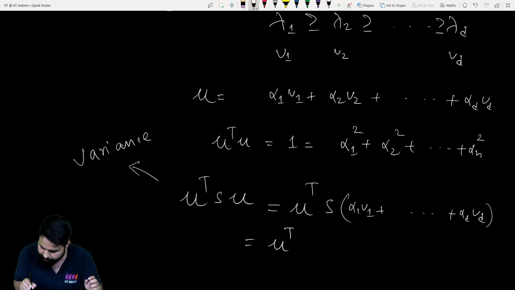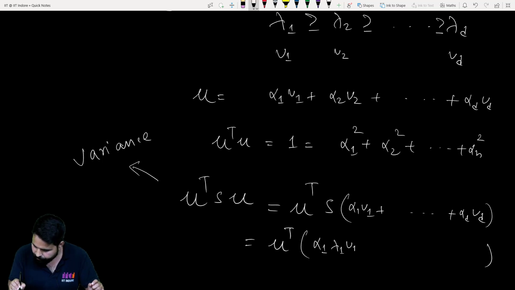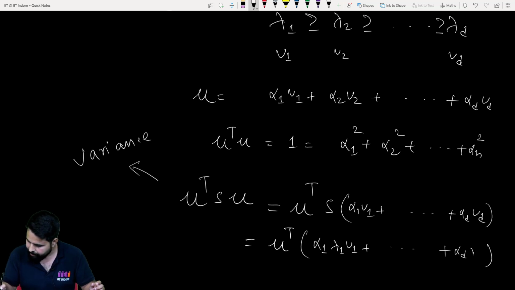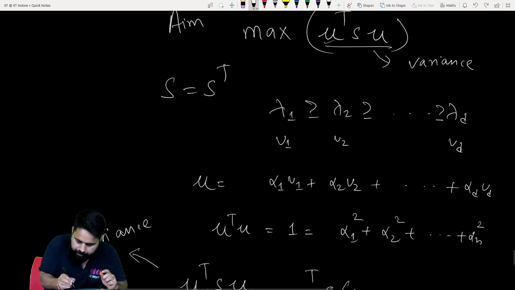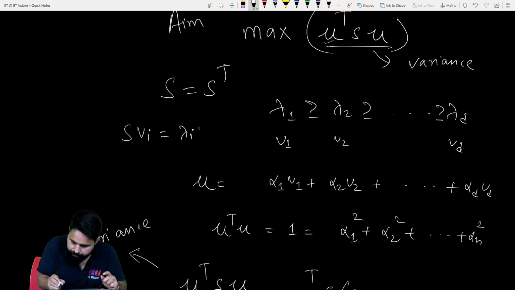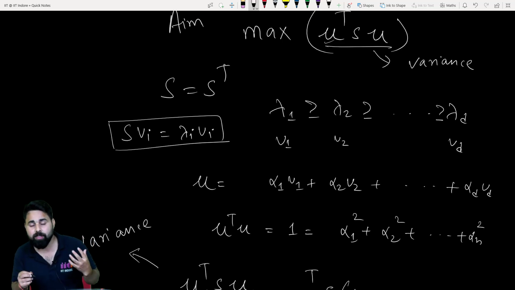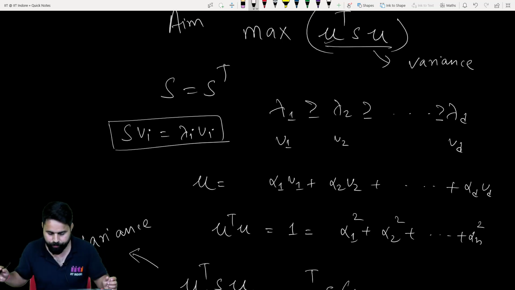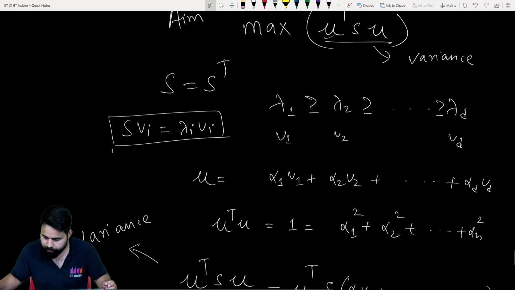So this quantity will be alpha 1 lambda 1 V1 and so on up to alpha d lambda d Vd, by the definition S Vi equals lambda i Vi, where Vi is the unit eigenvector corresponding to the eigenvalue lambda i. Very good.